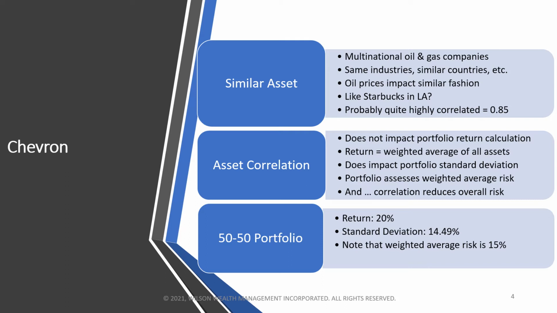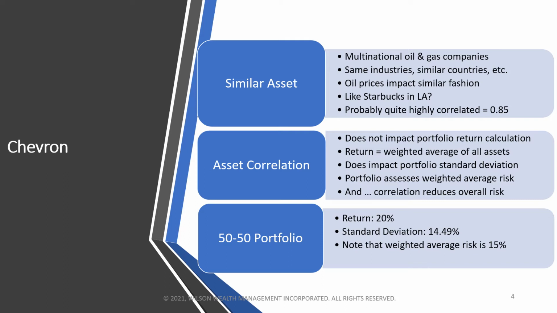But on a general level, portfolio risk does take a weighted average of the individual components' risk. Where it differs is there's a second part of the equation, and that asset correlation coefficient will reduce the risk unless it's 100% perfectly positively correlated. In this case, at 0.85, you're going to see some risk reduction. Not huge, because it's quite close to 1.0.